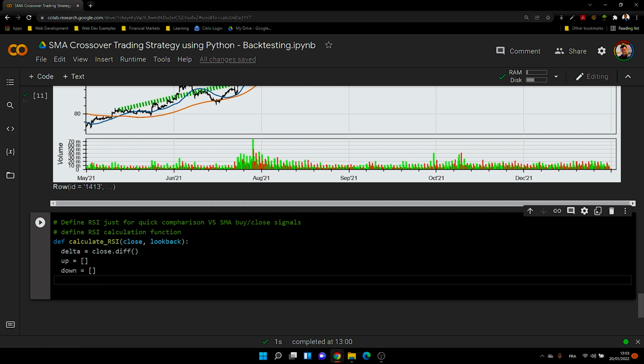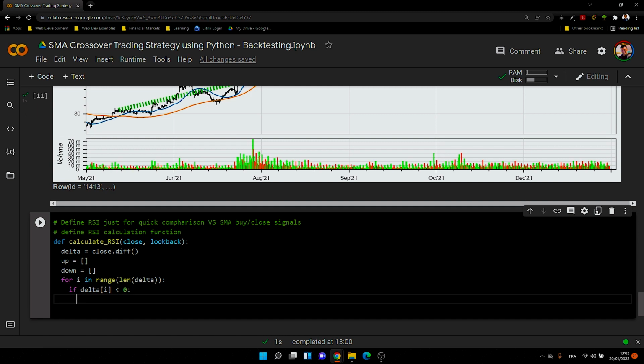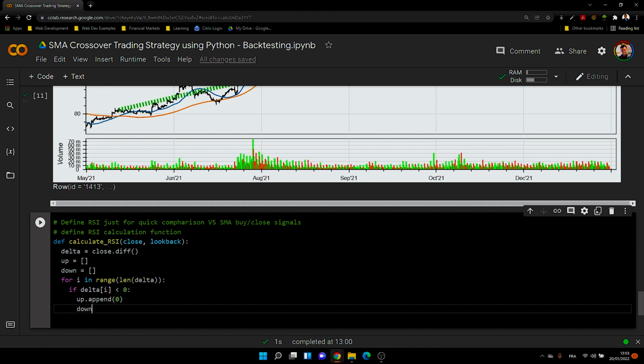And here we can do a little for loop and say that for i in range the length of our delta, we'll say that if the delta at position i is smaller than 0, then our up.append a 0 to it, and our down.append our delta at position i.